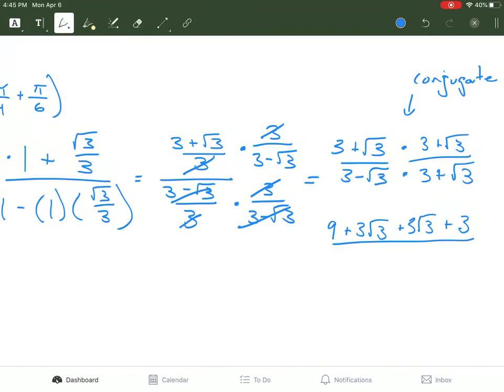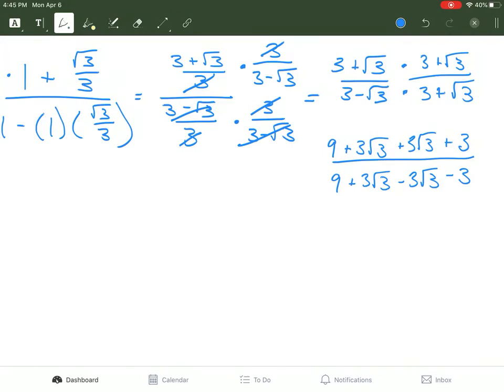And the denominator, 3 times 3 is 9. 3 times square root of 3 is 3 square root of 3. A negative square root of 3 times 3 is negative 3 square root of 3. And negative root 3 times positive root 3 is negative square root of 9, which is negative 3, because the square root of 9 is just 3.